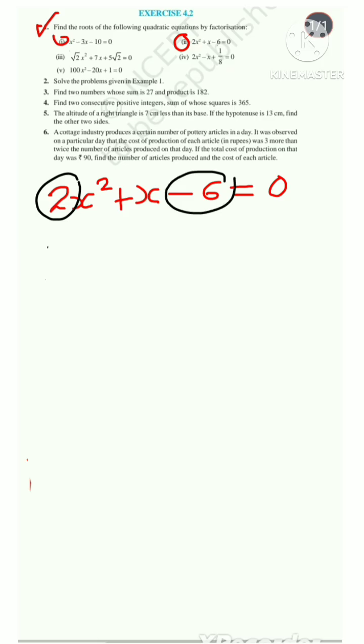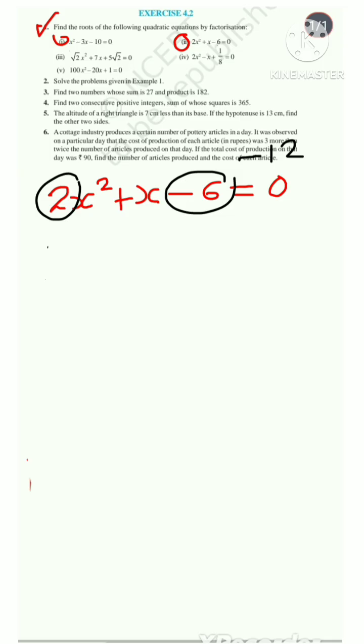Okay, our question is 2x square plus x minus 6 equal to 0, and here we can observe the numerical coefficient of its first term is 2, and this 2 should be multiplied with minus 6, then we obtain minus 12, right?